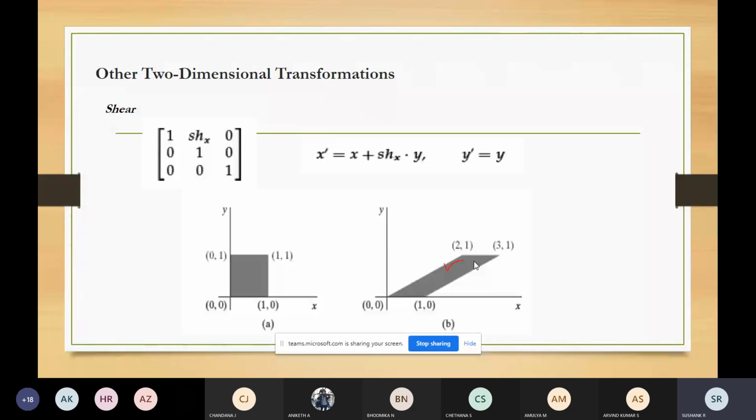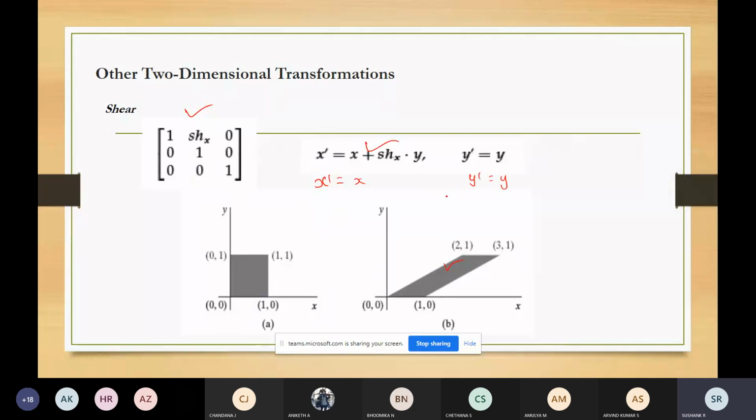So how to do the shear? This is the transformation matrix which is being given. Here x dash means the shift along the x-axis. x dash is equal to this equation, and y dash is equal to y.